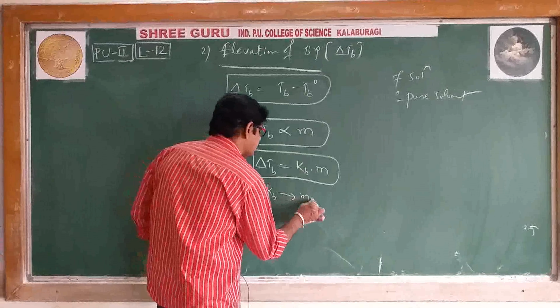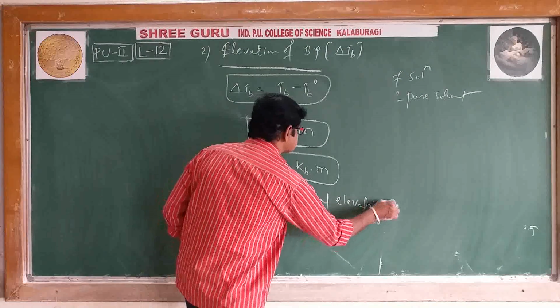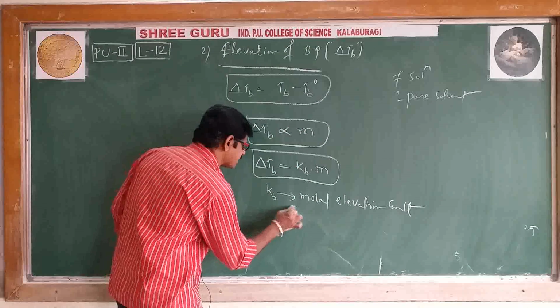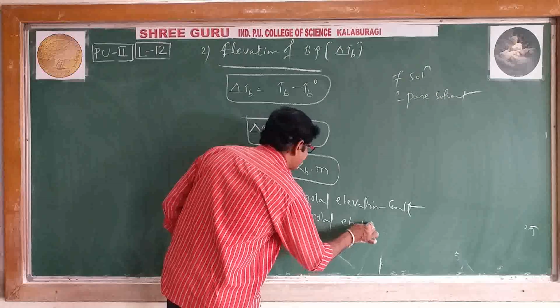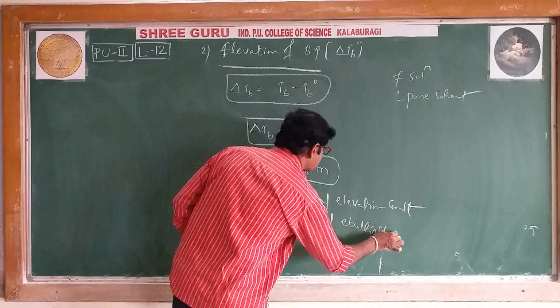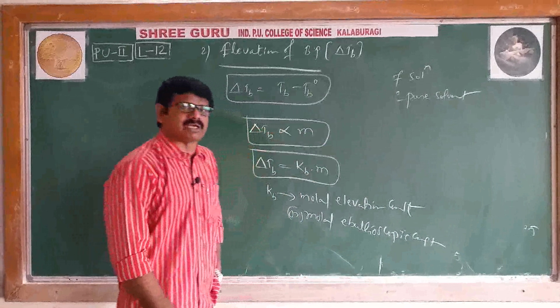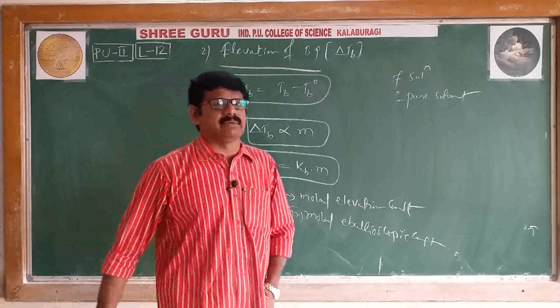KB is the molal elevation constant, or its other name is the molal ebullioscopic constant. Which one? KB.